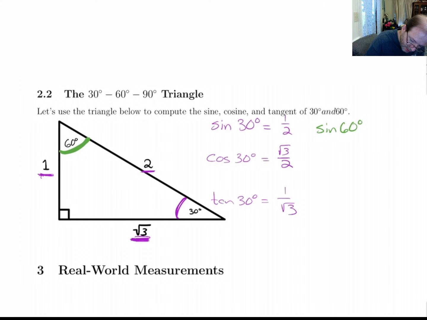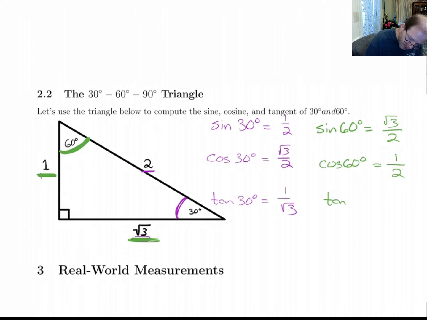Sine of 60 relative to 60, root 3 is opposite. 2 is the hypotenuse. For cosine of 60, we're looking at the adjacent over the hypotenuse. Well, 1 is adjacent to 60. The hypotenuse is 2.